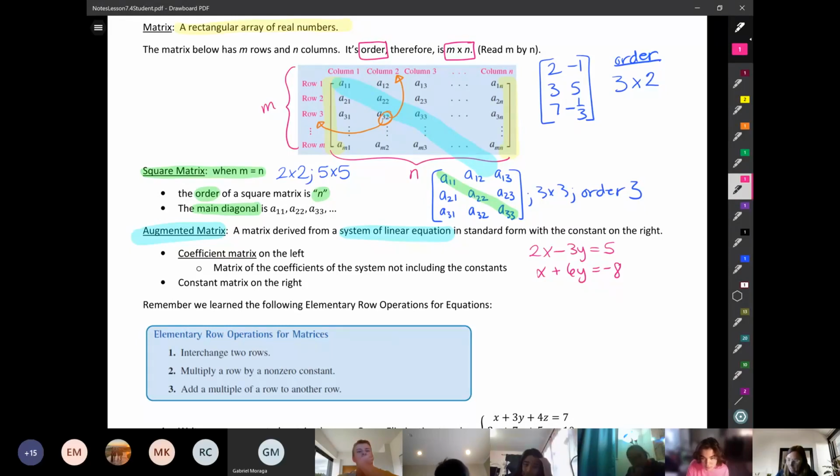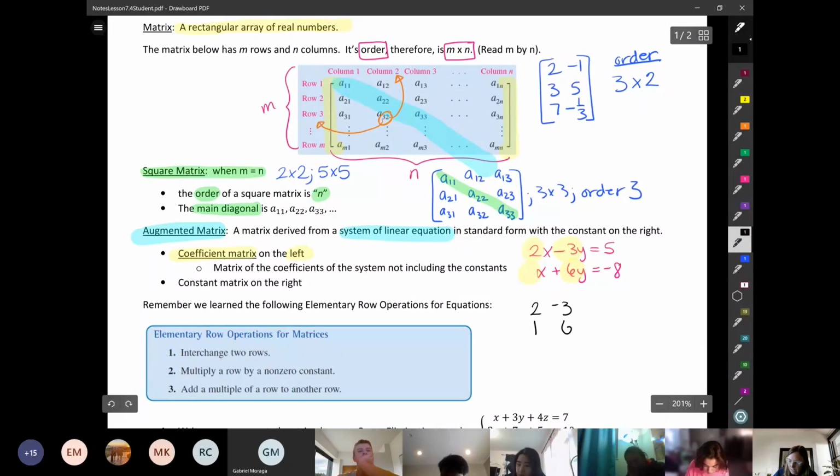On the left side is the coefficient matrix. All we do is pull the coefficients: a 2, a negative 3, a 1, and a 6. That's the left side.